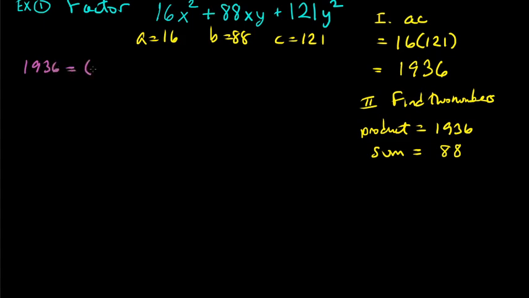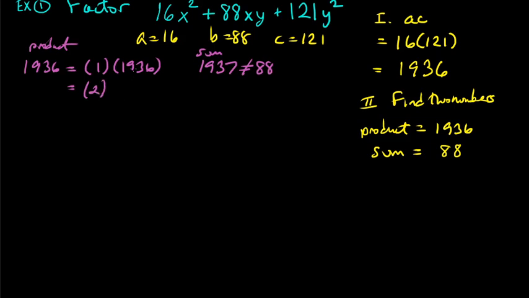So the product is 1,936. Let's start with 1 times 1,936. Obviously, when you add those up, you get 1,937. So this will be the product, this will be the sum, and we know that this does not equal 88, so that's not it. Right?